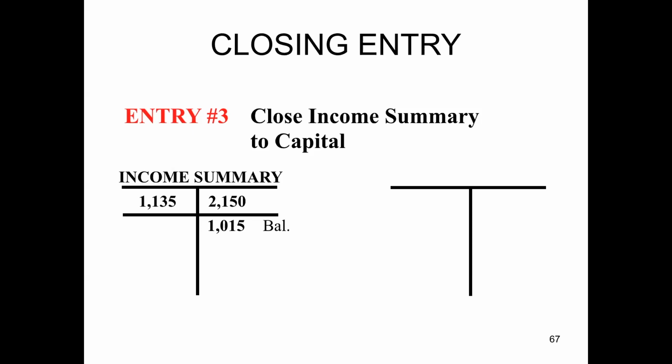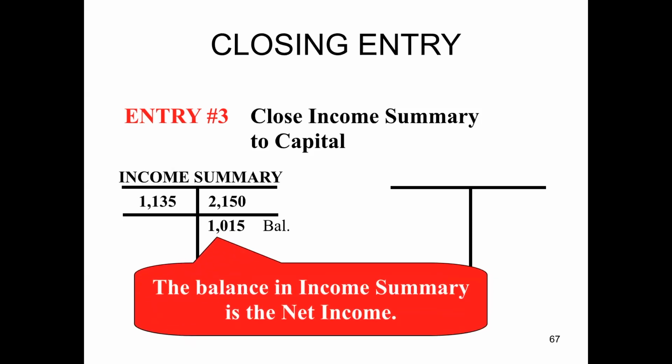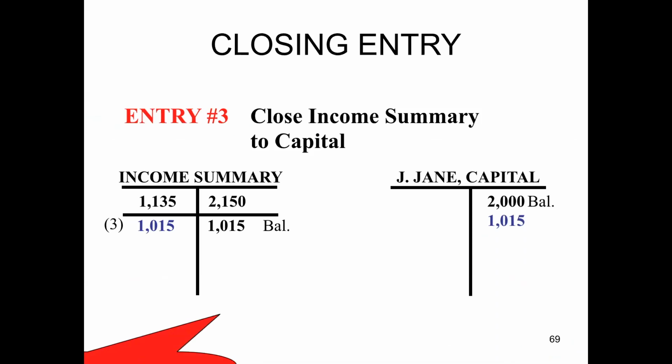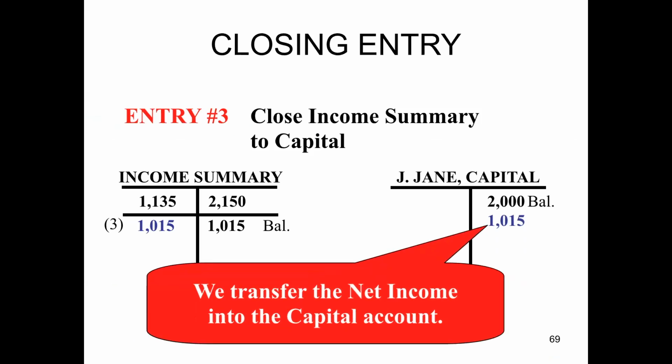So that's why the next entry is debit 1,015 and credit 1,015. Again, debit 1,015 in the income summary and credit Jessica Jane Capital 1,015. It's like you are transferring the balance of income summary account to the capital account.